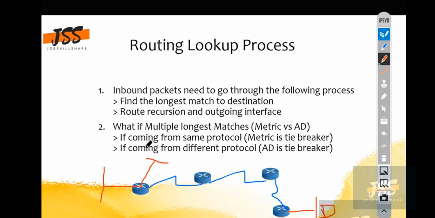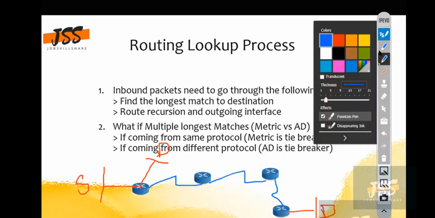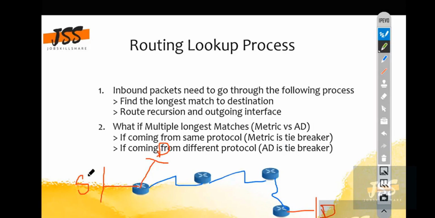This is our destination. And let's say this is our source. So if this source wants to reach this destination, it has to go through this router.